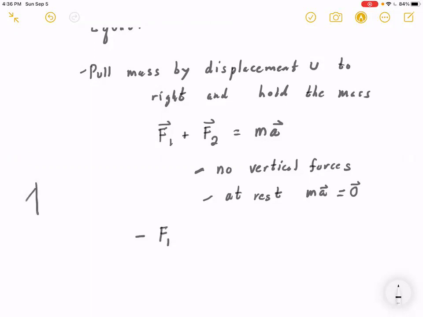remember, go back to the system. You've moved this to the right. Here's our mass, which we're going to represent by a point. It experiences two forces, F sub 1 and F sub 2.